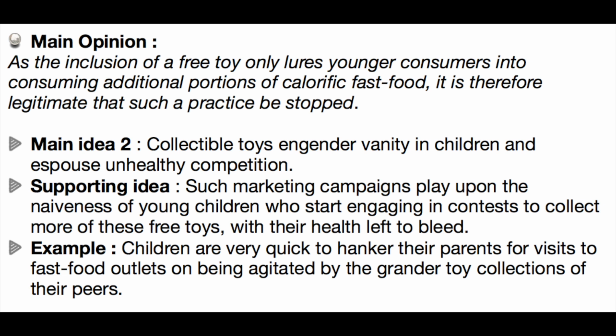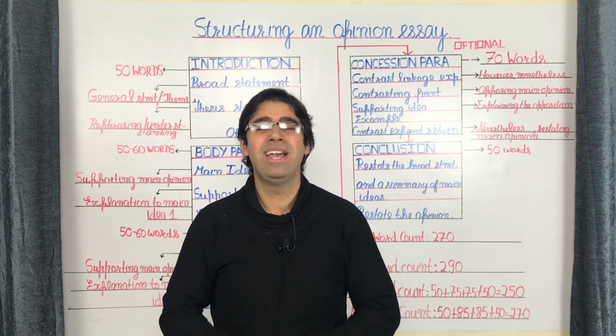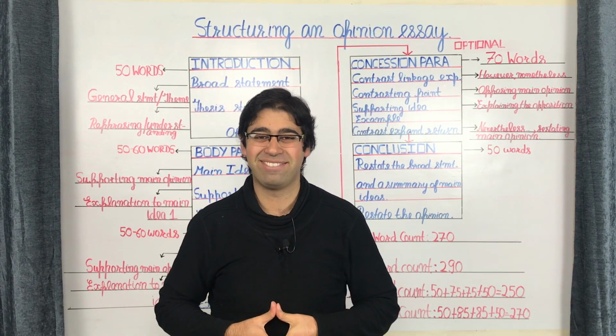An example for this is, children are very quick to hanker their parents for visits to fast food outlets on being agitated by the grander toy collections of their peers. And with that, we come to the end of body paragraph 2, and now on to the concession paragraph.